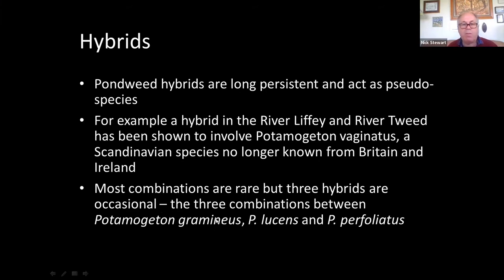And as you become more familiar with those, you'll recognize that there are hybrids present. But I was just going to go through what you would look out for to recognize these hybrids. So the three hybrids are the three combinations: gramineus lucens, gramineus perfoliatus, and lucens perfoliatus, and all the other hybrids are really quite rare things.